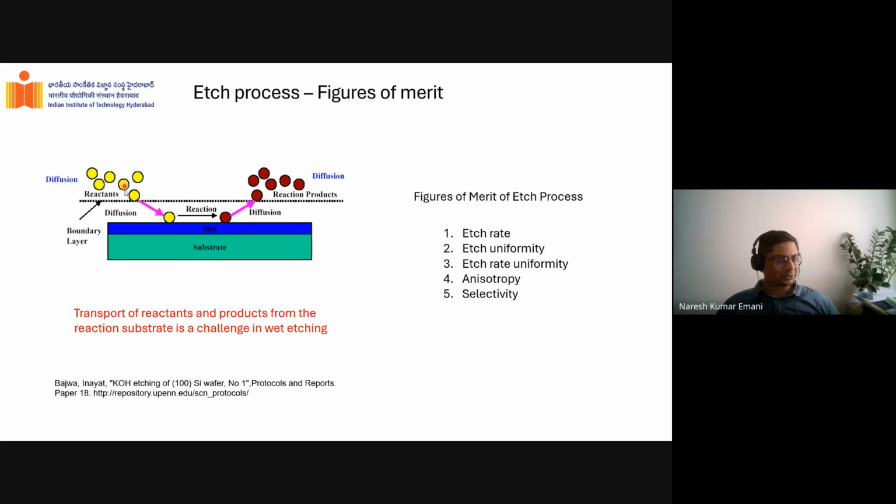There are some reaction species here, reactants, and they are coming in near the surface. They are chemically reacting with the surface, and then there is some byproduct which is formed, and the byproduct has to go out. So you have the incoming reactants, a reaction happening, and then the outgoing products. So this is the basic process. Exactly what these chemicals are will change. We will talk about that a little bit more.